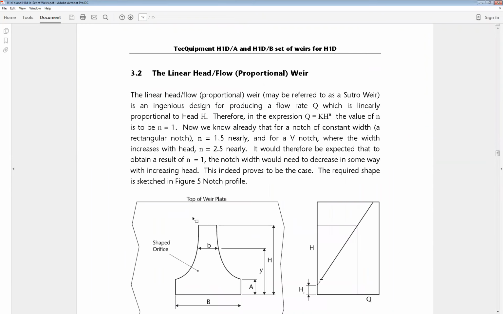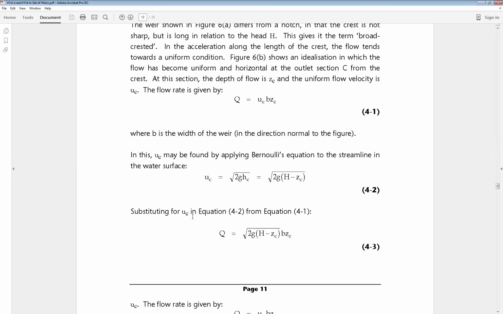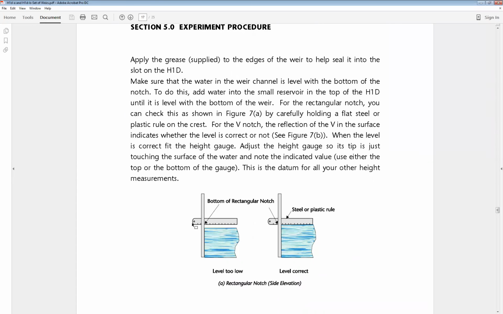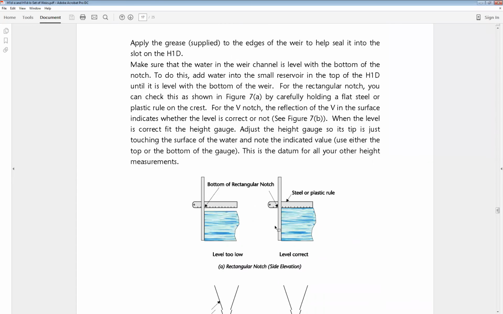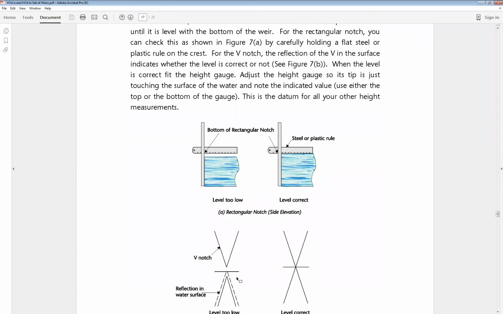Okay, let's look at more details about that. I'm just going to go to some examples here. For running the test, an important thing is that we have the tools to measure the height or the depth of the water above the bottom of the V-notch.